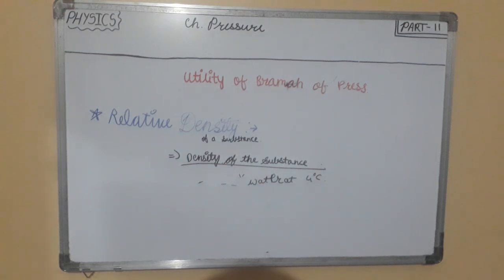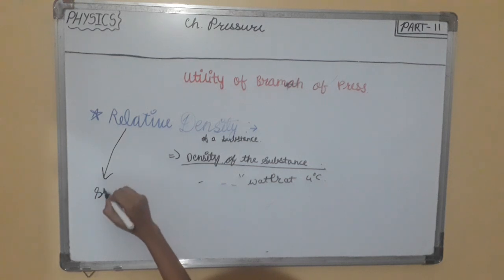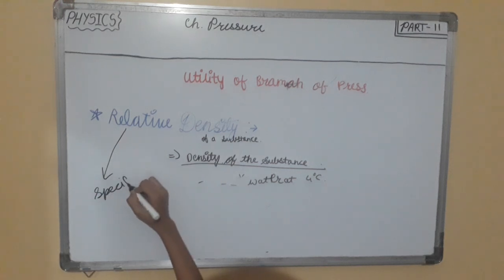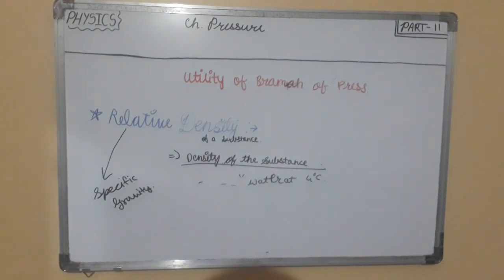Note that first point, relative density is also known as specific gravity. Second, relative density is the ratio of densities, so it has no unit but it is a pure number.